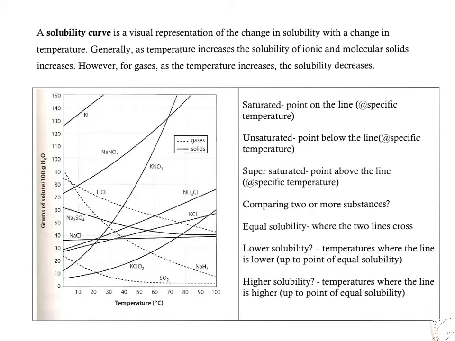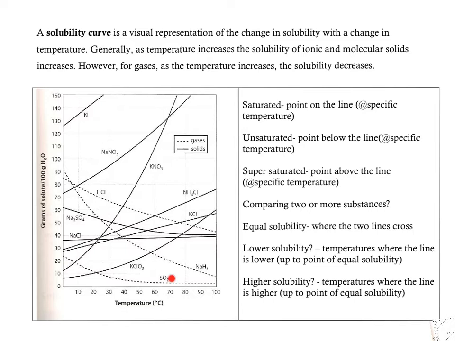Okay, so saturated, unsaturated, and supersaturated. You can tell what those are by looking at a graph. So saturated is a point on the line. So if I go 50 degrees and I go up, potassium chlorate is saturated at about 20 grams.